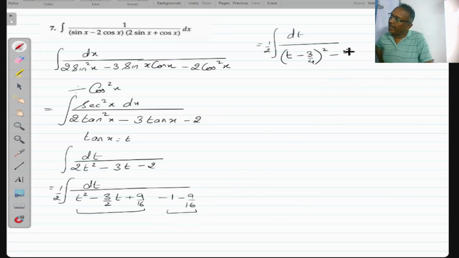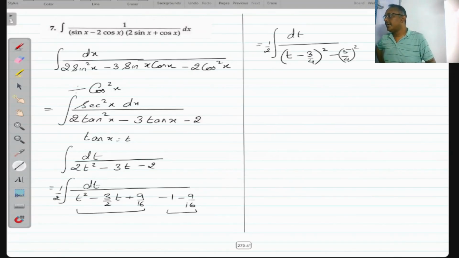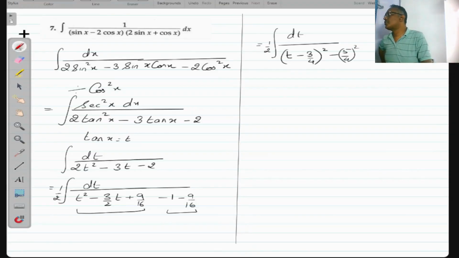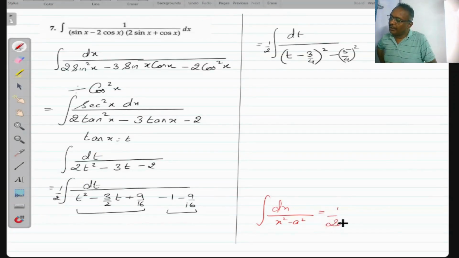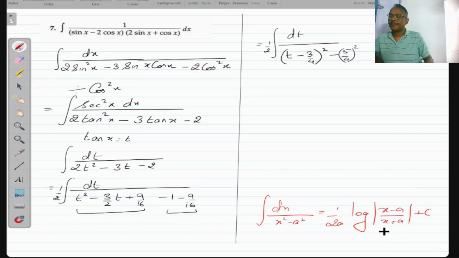So 5 by 4 whole square. Okay. There is an identity of x square minus a square. The formula says 1 by 2a log of x minus a upon x plus a.